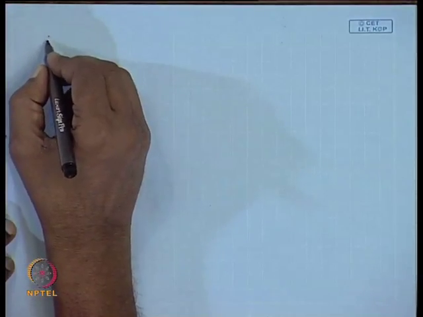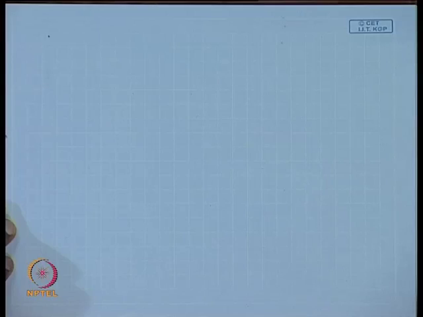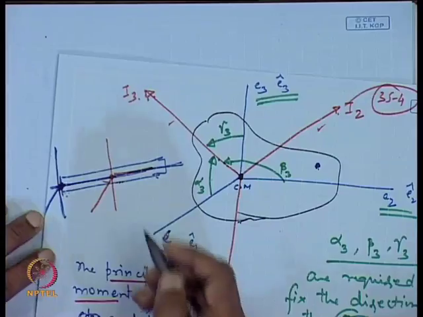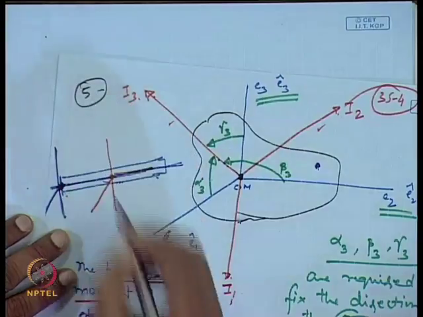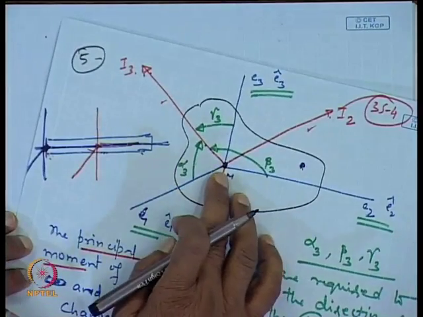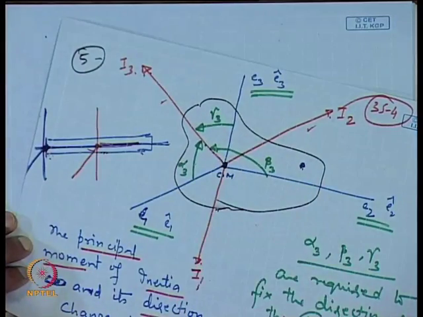So, the eigenvectors are the principal directions as we have written, and this was the fifth point we have discussed: as the point of consideration changes, the principal moment of inertia and its corresponding directions also change.